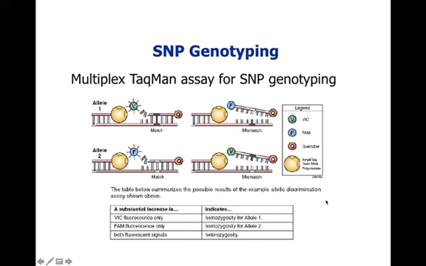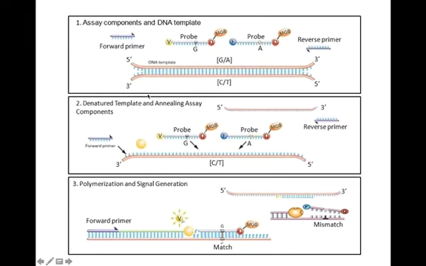So for example, if we take an example of a sequence change G to A, two probes will be used in the reaction. One probe will be specific for the G nucleotide and the other probe will be specific for the A nucleotide.